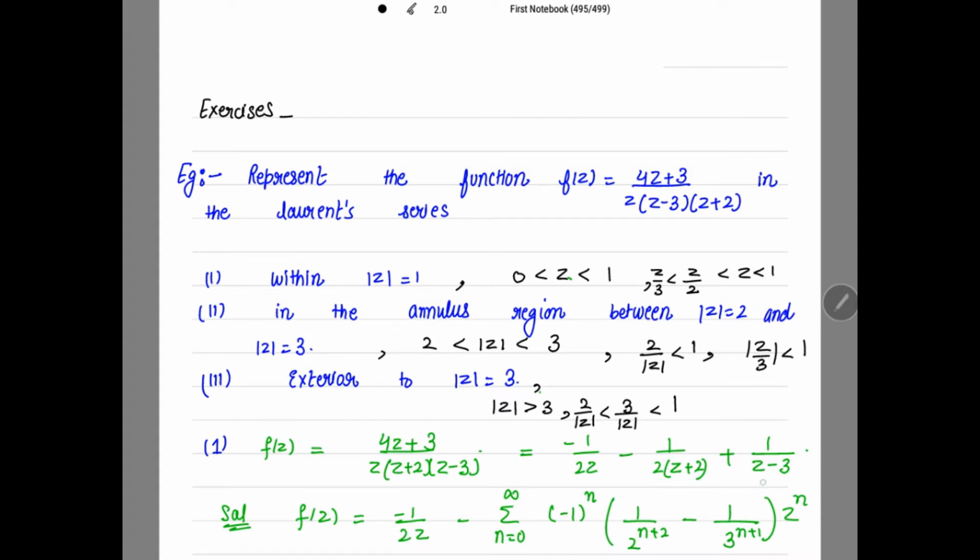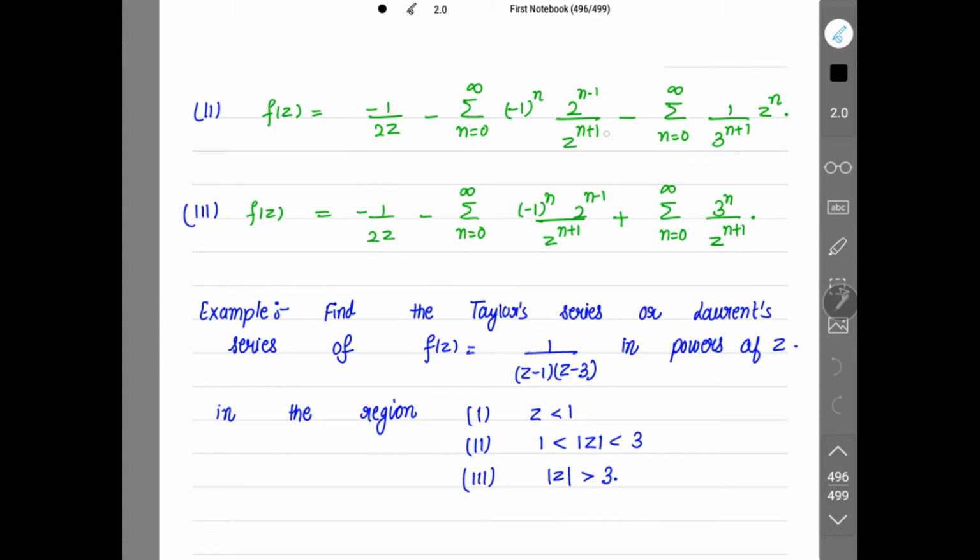So I should take z common, so that I will have in the denominator 1 minus 3 over z. Then solve further. This is the solution for the first part, this is the solution for the second part, and this is the solution for the third part.